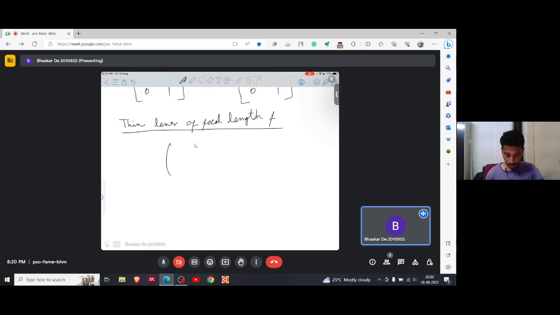We mean that this lens is so thin that this distance is actually neglected in the calculation. Okay, so this is the assumption of a thin lens.